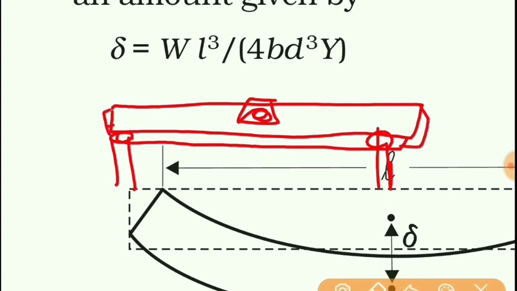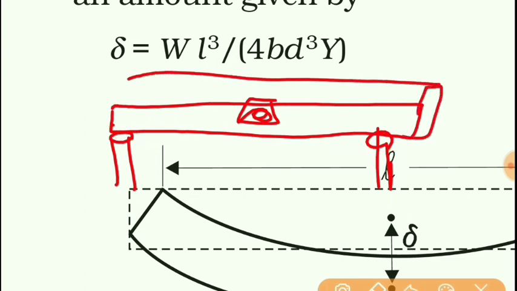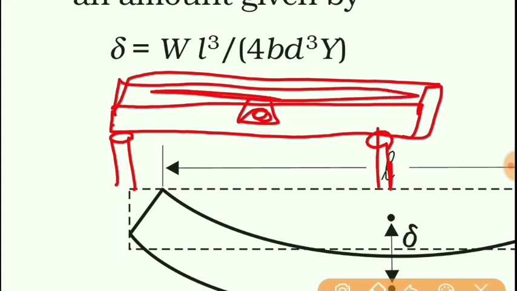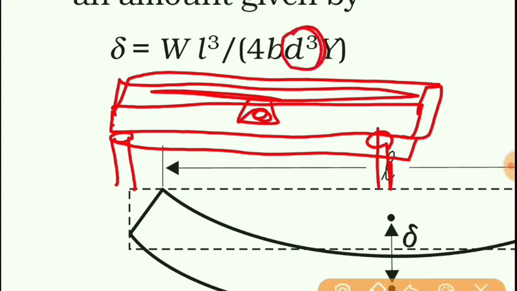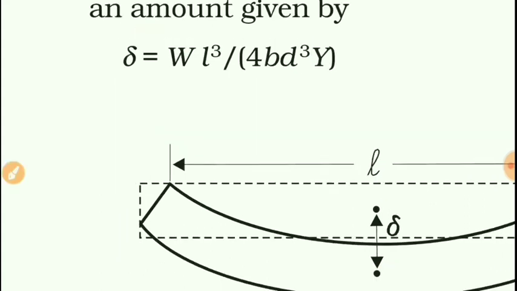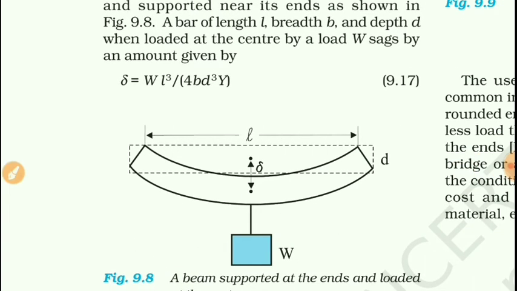So when you increase this thickness, the bending will be reduced. Or you can increase the width. But rather than increasing the width, if you increase the thickness, then that will be better because thickness is cubed and it is inversely proportional to this delta. So that concept is shown here.